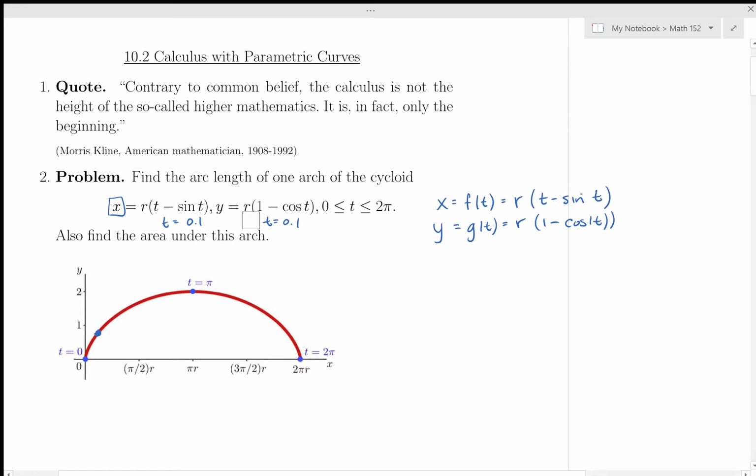What we're going to do first is talk about finding the area. Before finding the area under the cycloid, I'm going to do something we already know how to do from our previous lectures, and then move forward to describing that curve parametrically and finding the area with the parametric description.